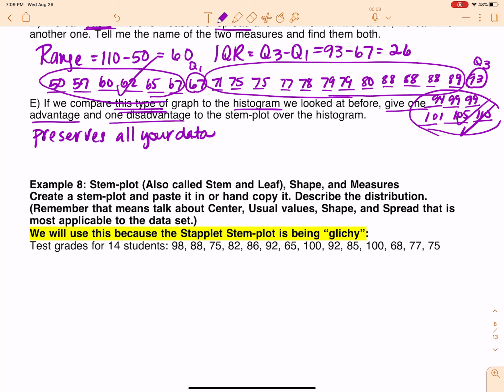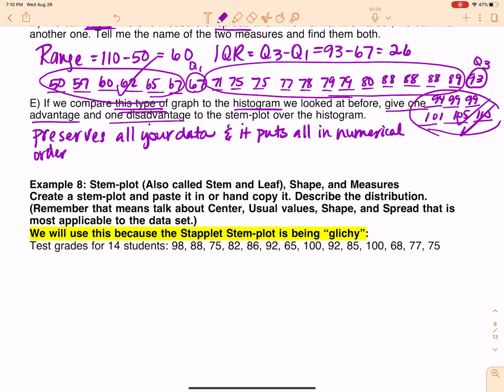So it preserves all of your data, and I'm going to give you this one too, it puts all in numerical order, which a histogram does too, but if it doesn't preserve your data, who cares, right? So you can see all your data, it preserves all your data, it puts it all in numerical order so you can easily find your median, etc.